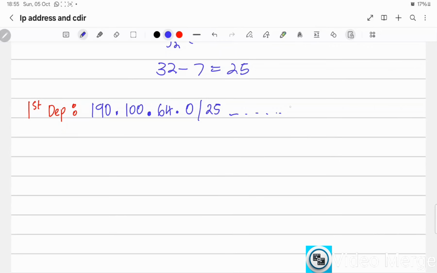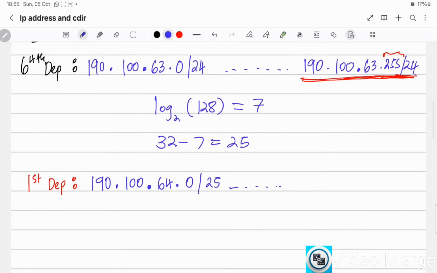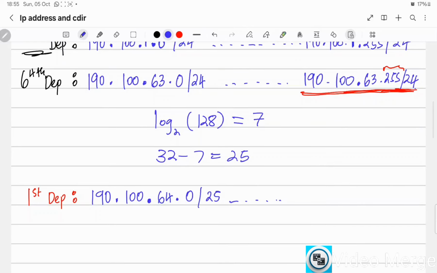So we're going to have 190.100.64.127. Reason being, if each department must have 128 addresses, from 0 to 127, this is actually 128 addresses.